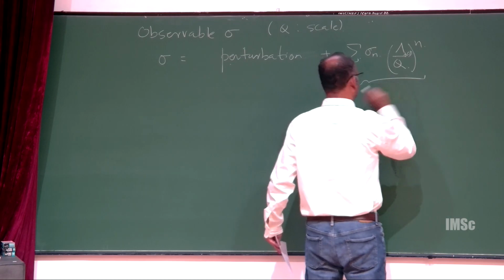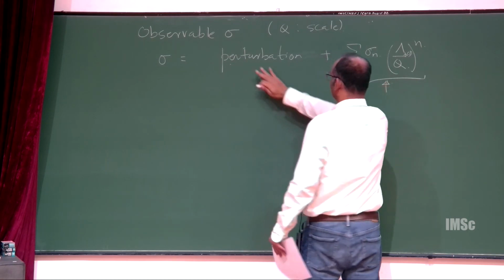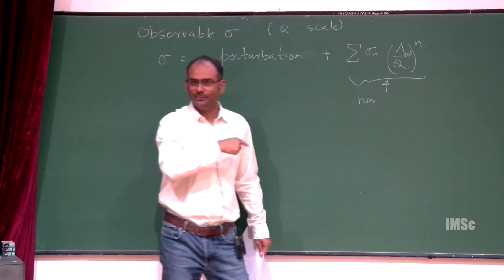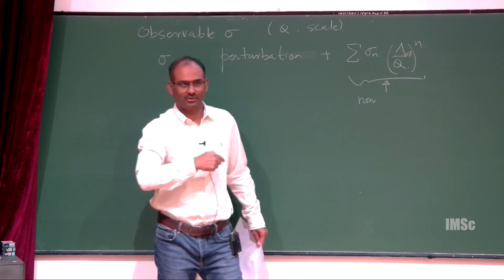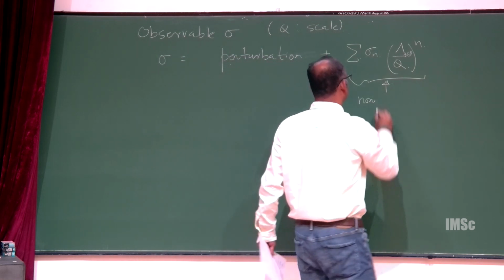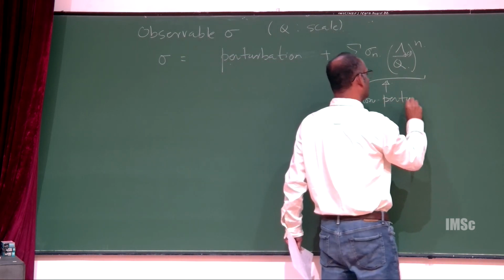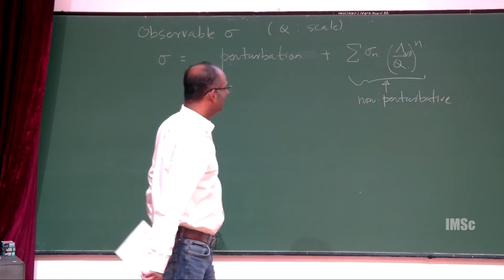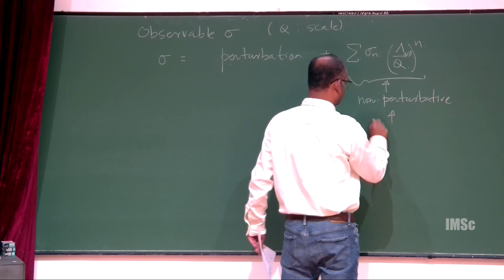So first of all, these are non-perturbative. The perturbative part is here. We will also see why I am calling these non-perturbative. Okay, what's non-perturbative about it? That will come later in the lecture. So these are non-perturbative and they are called power corrections.